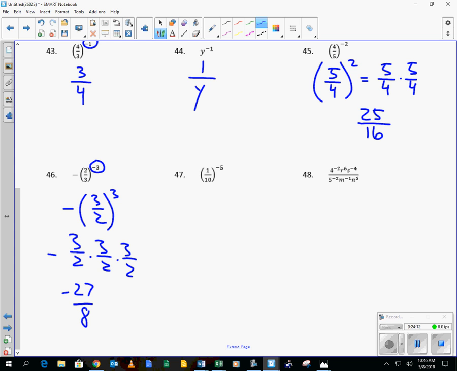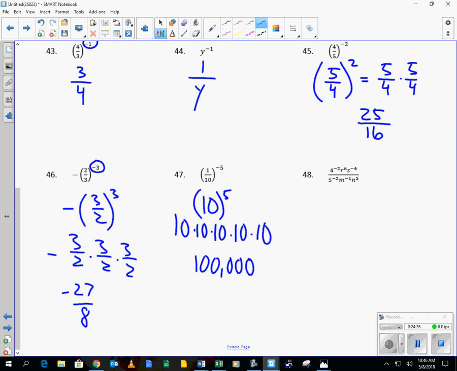So I get negative 27 over 8. The next one, 1 over 10 raised to the negative fifth power. I'm going to flip it and make it 10 to the fifth power. That would be 10 times 10 times 10 times 10 times 10, or 100,000.